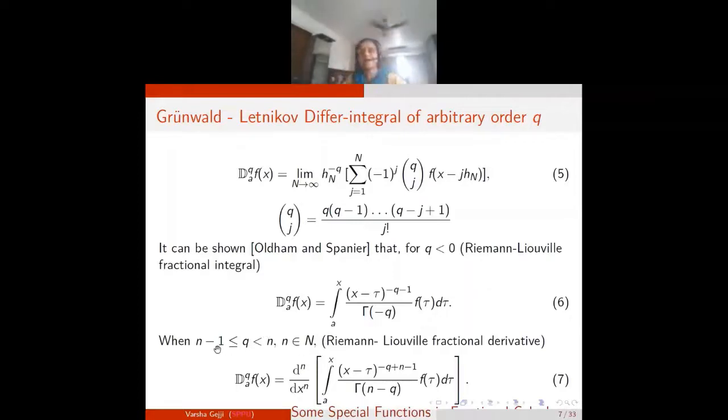And when q is positive, so it will lie between two numbers, n minus 1 and n, then you can show that this limit, so these proofs are actually given in Oldham and Spanier, and very simple. Even a student who has done BSc mathematics should be able to follow that. This is not very advanced or abstract mathematics.